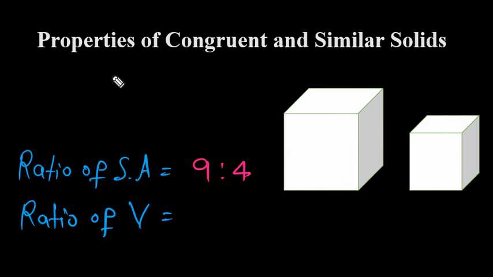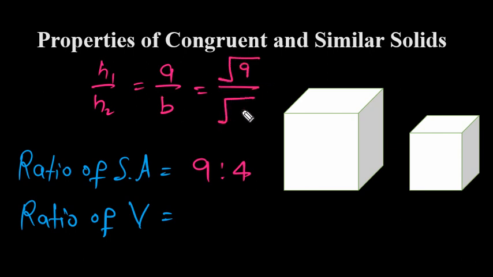How will you do it? The ratio of heights will be h1 over h2, and you give them the name a over b. Then the surface area ratio is given as 9 to 4. So the ratio of sides will be square root of 9 over square root of 4, because it was a squared to b squared. Remember? So that's how you will do it. That will give you again 3 to 2.